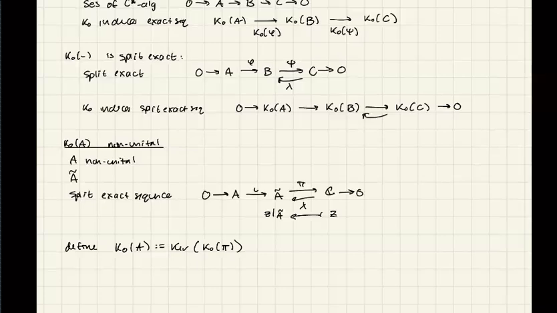And because K0 is a split exact functor, what we get is that this middle term in K0 will be isomorphic to the direct sum of the K0 groups of the outside terms.